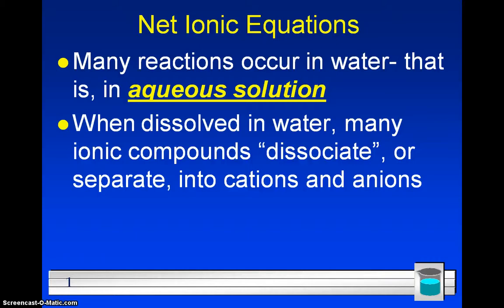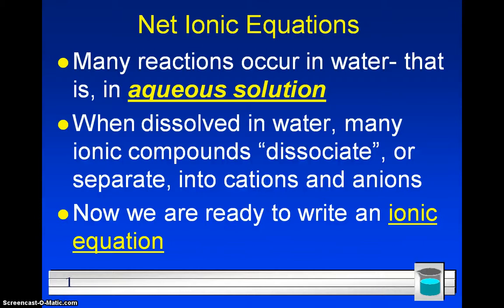Without an insoluble product, all we have is a liquid of ions and we don't see any reaction happening. There's no indicator of a chemical change. So a net ionic equation represents the ions that are involved in the chemical reaction.